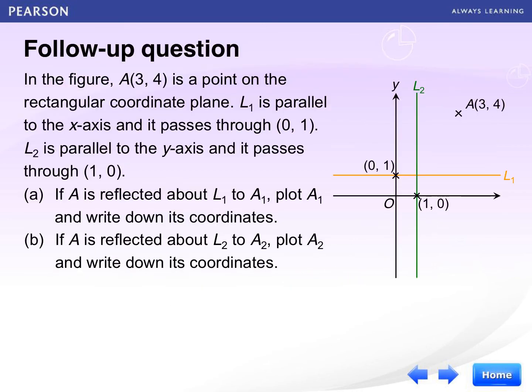Look at one more example. In part A of this example, A is reflected about L1 to A1, and we have to plot A1 and write down the coordinates. A and A1 should have the same x-coordinate, as it is vertical. The distance between A and L1 is 4 minus 1 equals 3 units.